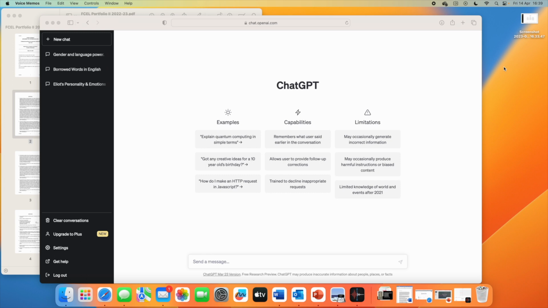Just a caveat, I do not use ChatGPT to write my essays at all. What I actually use it for is to deconstruct the question that I am provided or deconstruct the prompt that is given to me, and then to start bringing up ideas about what I might like to write about.